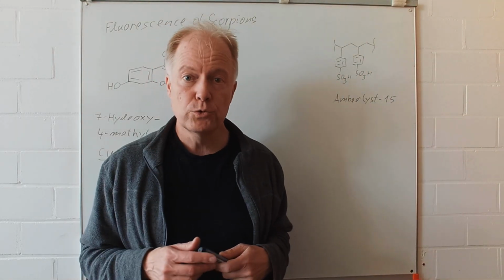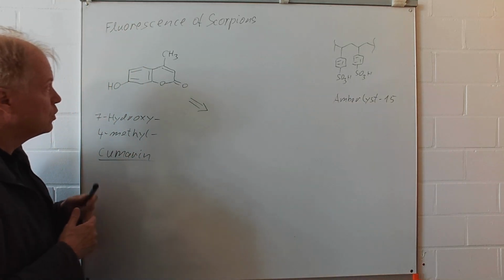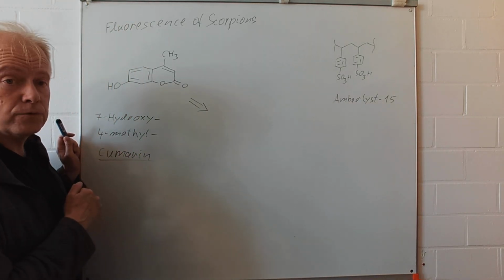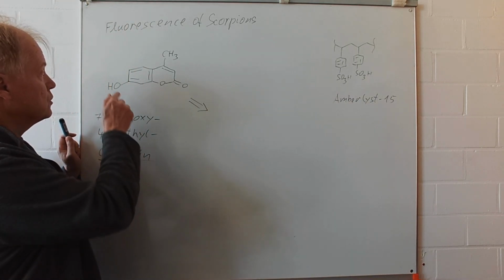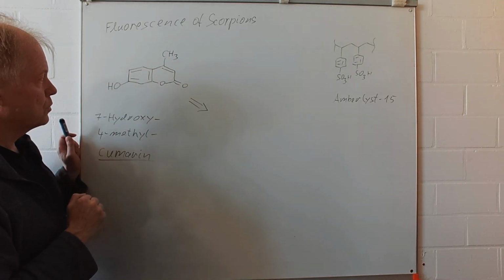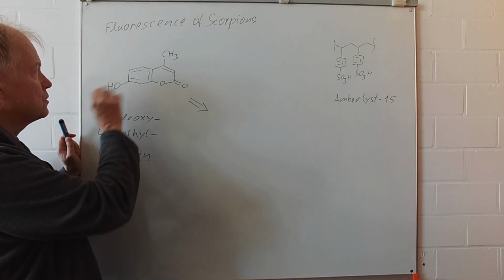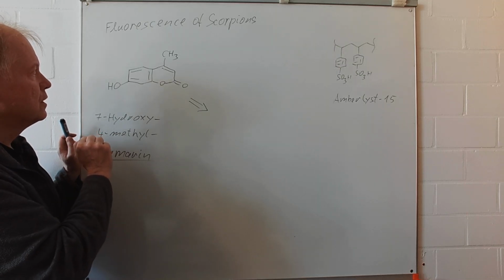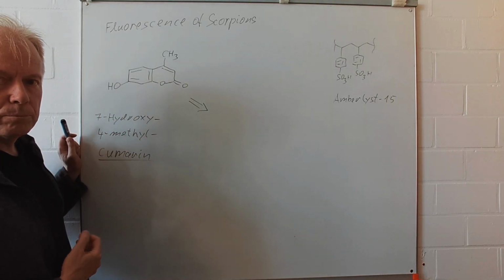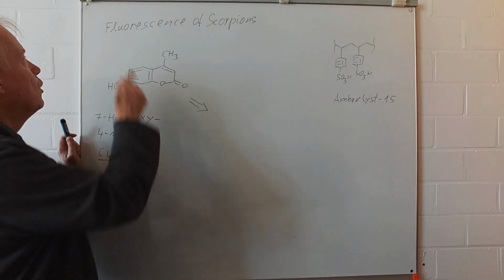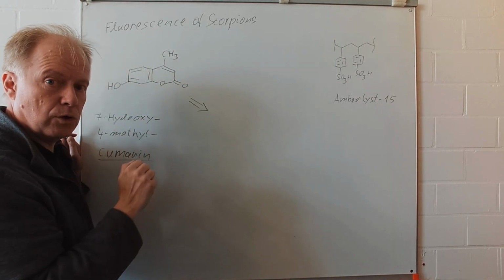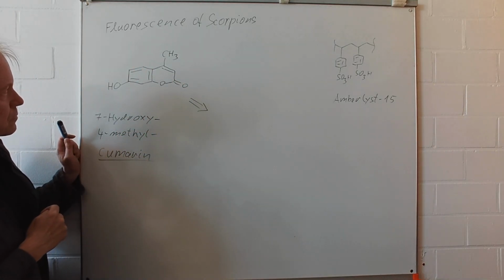In today's tutorial, we will try to develop a retrosynthetic analysis of this target molecule, a very interesting compound, since this compound is the main component responsible for the fluorescence of scorpions.